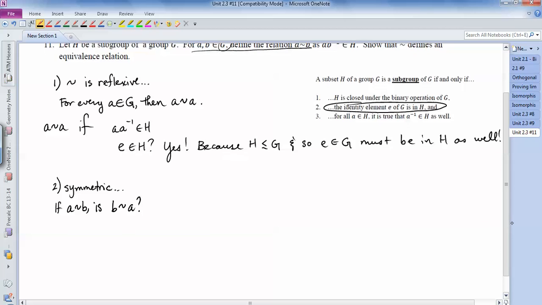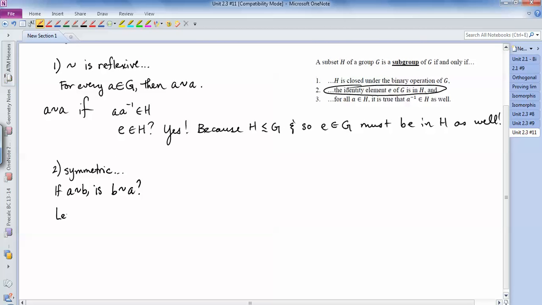To check that, let's start out by assuming A is related to B. By definition, that means that AB inverse is in H. What we want to show is that BA inverse is also in H, because that would prove that B is related to A. Well, AB inverse is in H. What else do we know about subgroups?